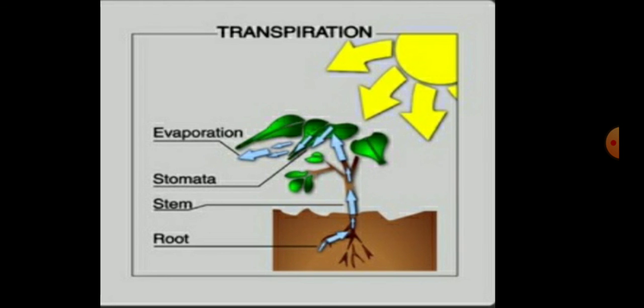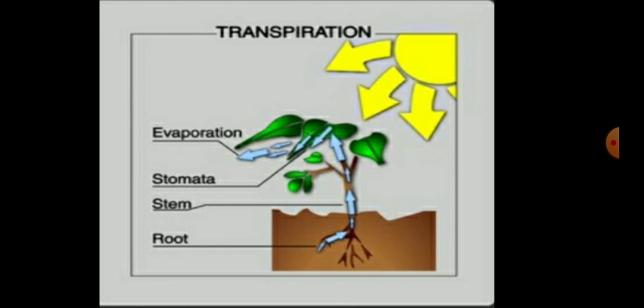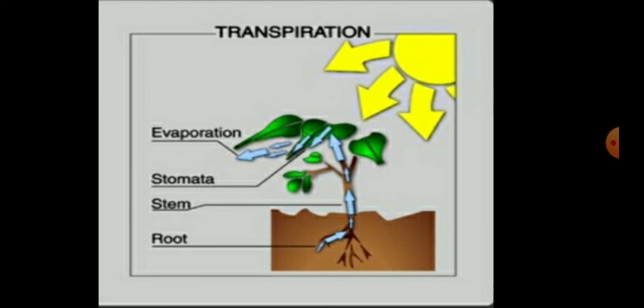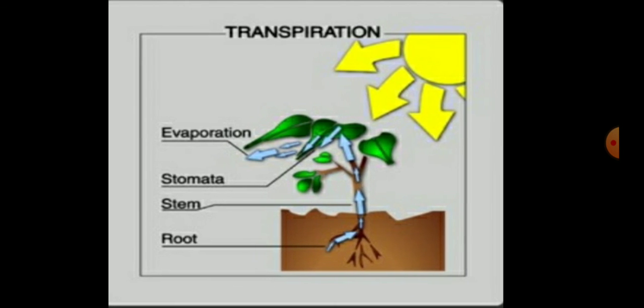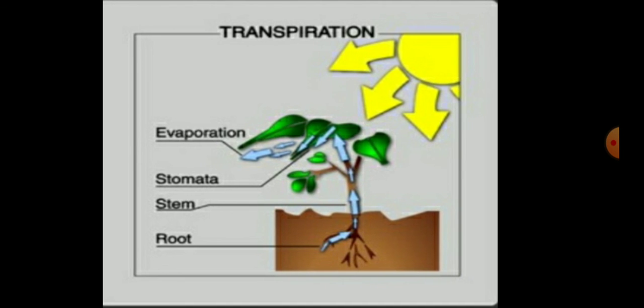Through the stem, the water goes to the surface of the leaves, and then through the small pores which are present on the surface of the leaf, called the stomata, the transpiration process occurs. The water is evaporated. Water changes into the form of vapor. This process is called the transpiration process.